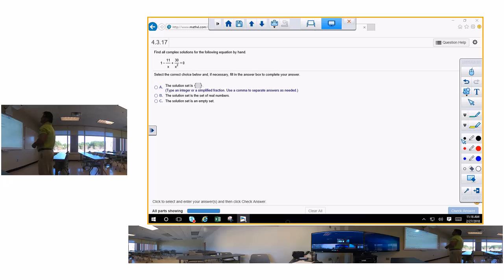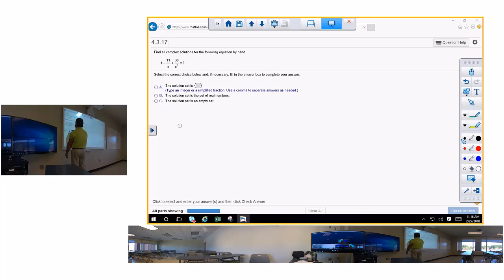First of all, we're going to rearrange it first, because I have no idea. The way it looks right now, the first thing you're going to do is rearrange it. So I'm going to rearrange it and put 30 over x squared minus 11 over x plus 1 is equal to 0.